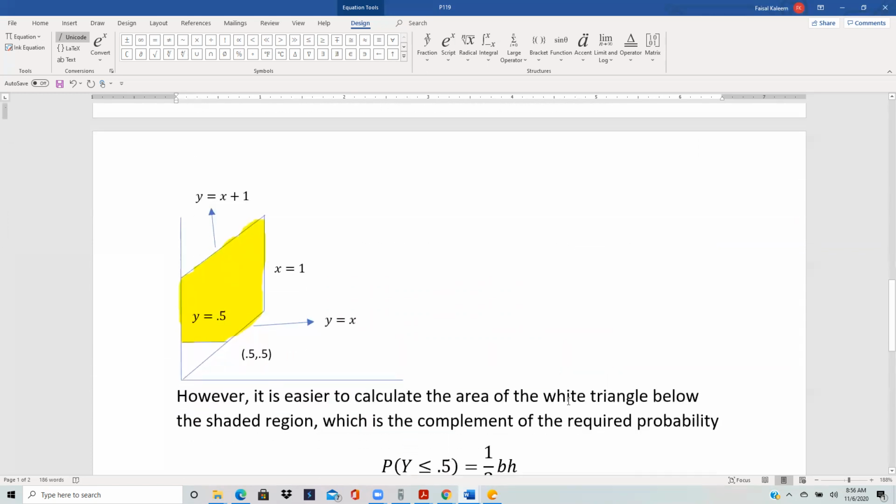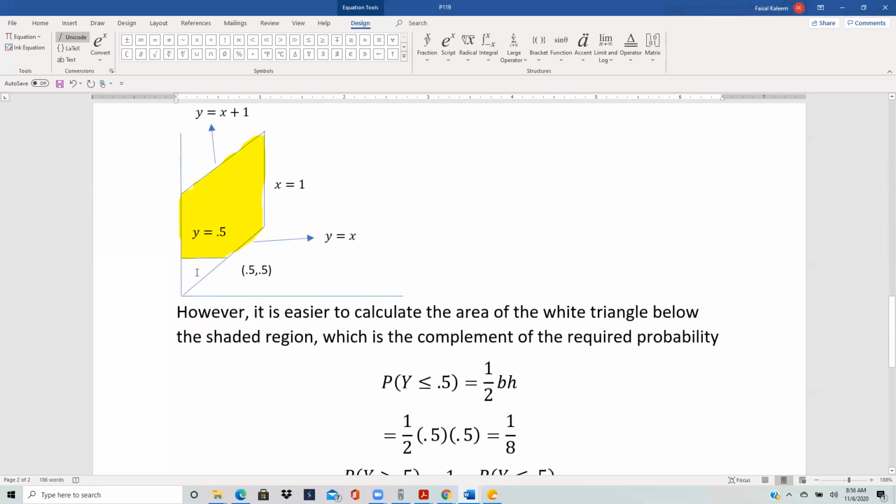So for the white triangle, the base is 0.5 and the height is 0.5. Look, this is the y equals x line and this horizontal line is y equals 0.5. So when you substitute y equals 0.5 in y equals x, both x and y are 0.5. So this base is 0.5 because it is the x coordinate, and the height is the y coordinate of this point.